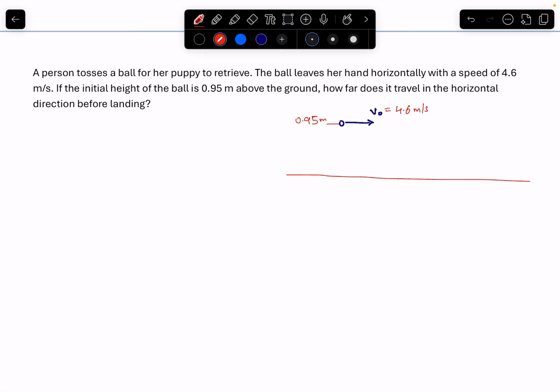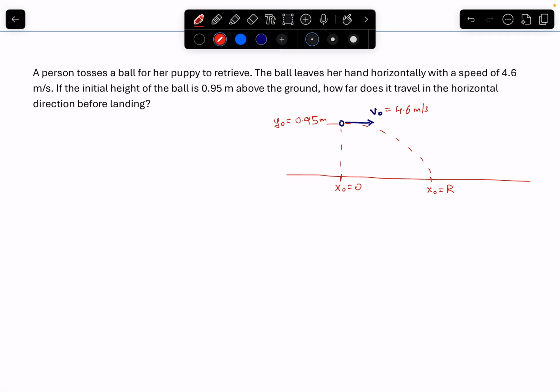So the trajectory of the ball should be something like that. If this is my x naught equal to 0, this should be my x final equal to r, just because.